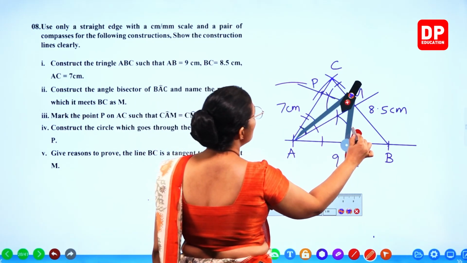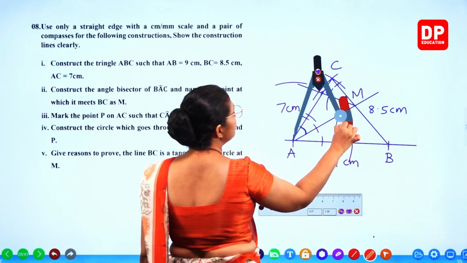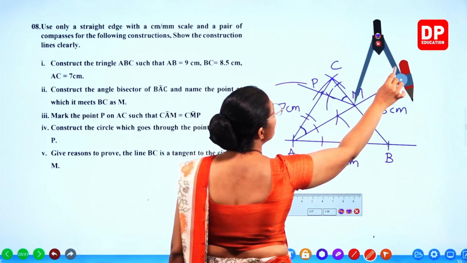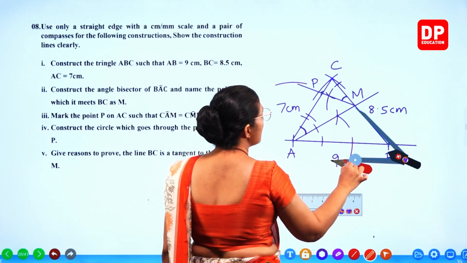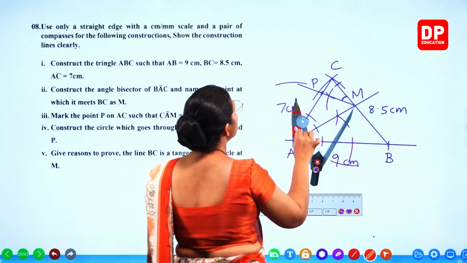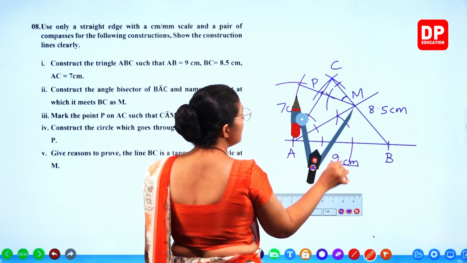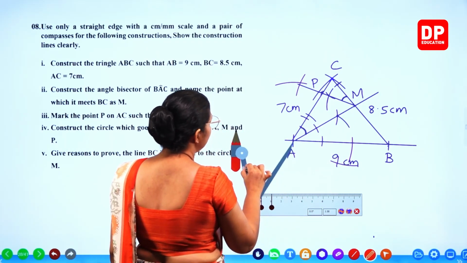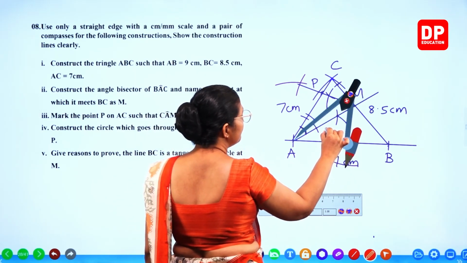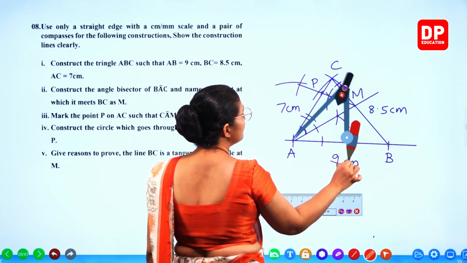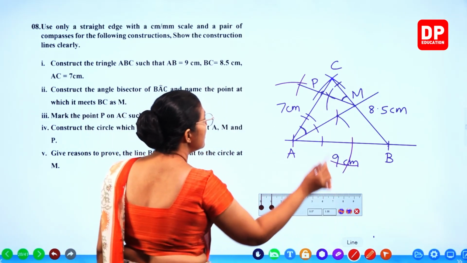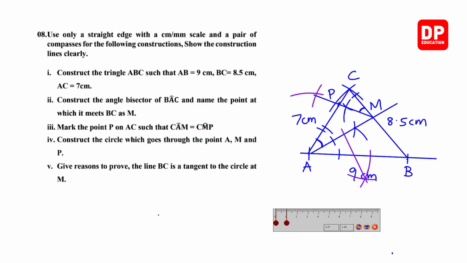You draw two arcs and then keep on top of the other point M and draw the other arcs here. It's not intersecting, so you have to draw it again. Now connect the intersecting points. Draw a line here connecting the intersecting points.